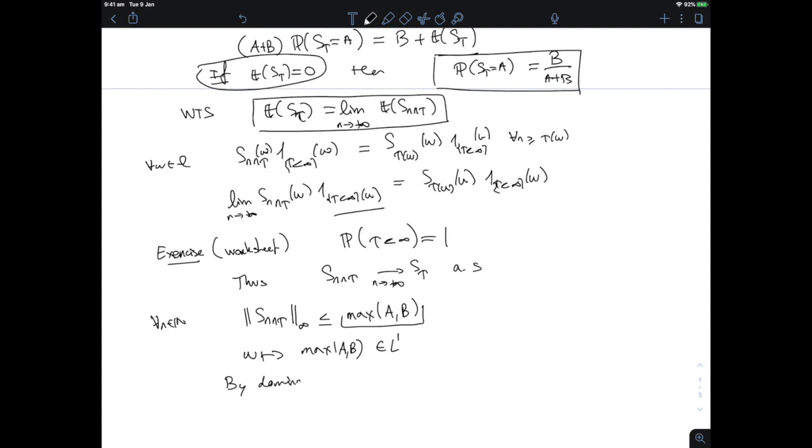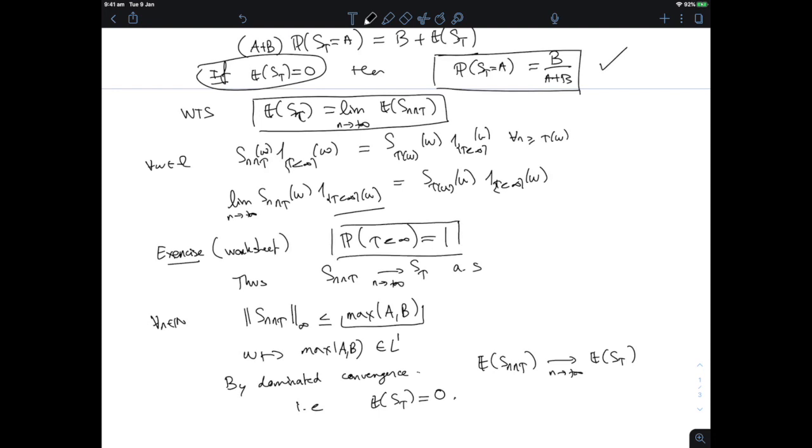So by dominated convergence, I get that the expectation of S_n minimum tau tends to the expectation of S of tau as n goes to infinity, and that gives me that the expectation of S of tau is 0. And I've proven this neat little property about the probability of exiting through the right before you exit through the left. Right, and don't forget to do this exercise in your worksheet. That is a key part of the argument.